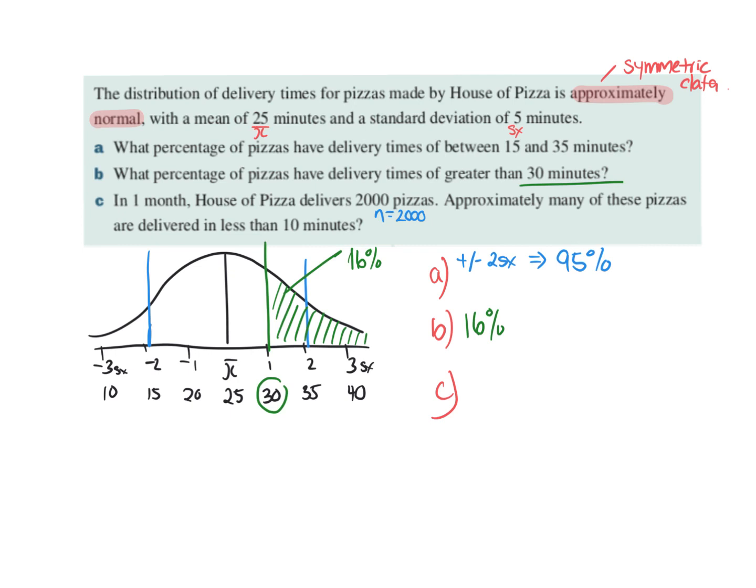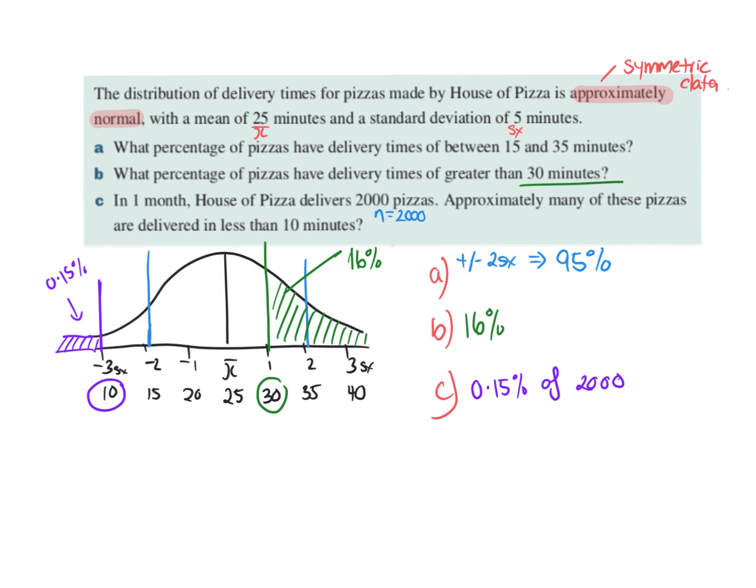So if you go look at where 10 minutes is, here's 10, and 10 is at -3. They're saying less than 10 minutes, so what was that little pocket when we had -3? It was a tiny little percentage. Yeah, it was 0.15%. So we're saying 0.15% of the 2,000 delivered were less than that.